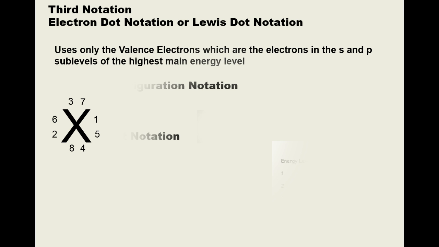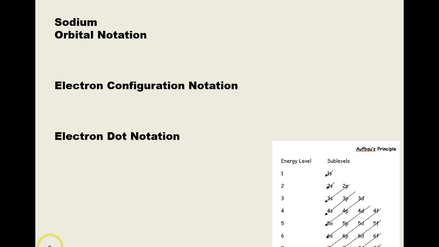Okay, so let's do another one. Let's do sodium. The symbol for sodium is Na. On your periodic table it has 11 electrons. Okay, so we're going to start with the 1s. S has 1 orbital. We're going to put in 2 electrons.